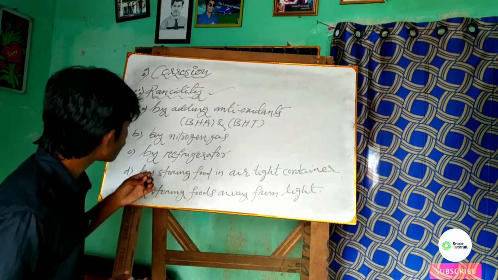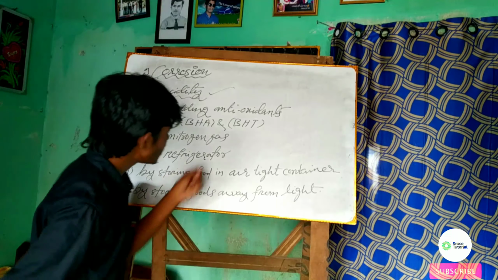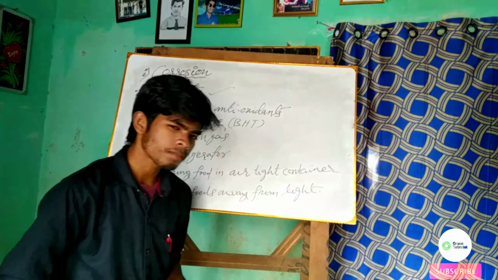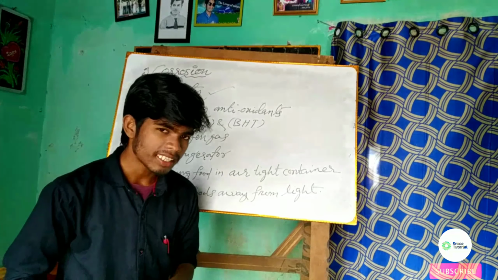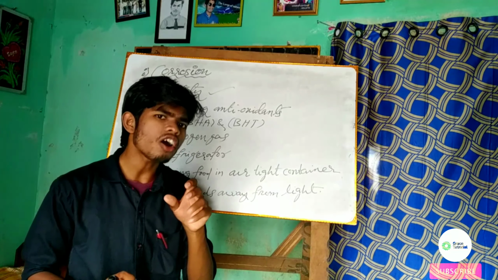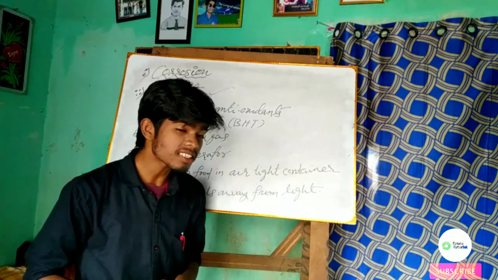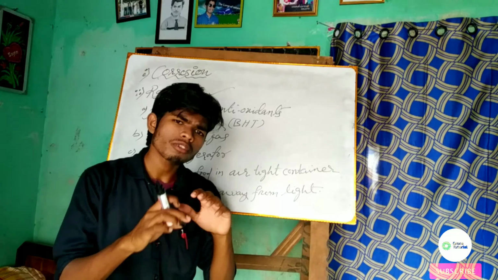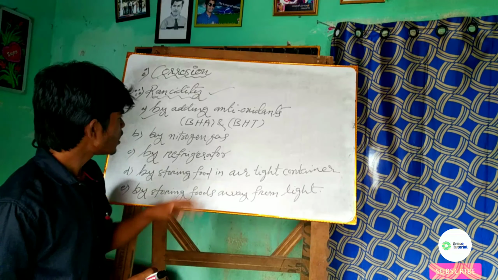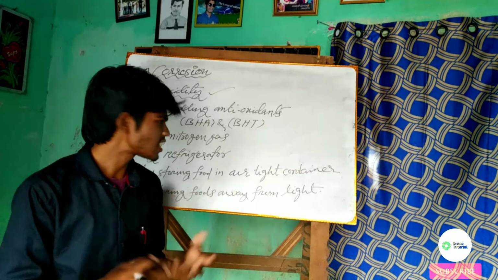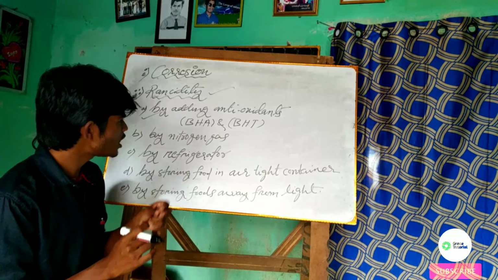Well, step number 1 is adding antioxidants to the food items. Whenever you add antioxidants to the food items, there won't be a chance of oxidation, so the food items will be very safe. So what antioxidants do we need to add?